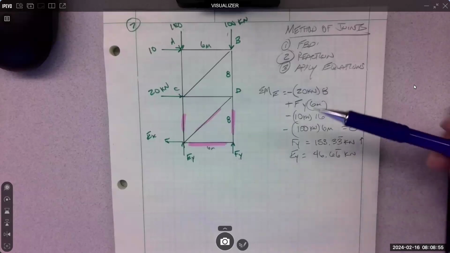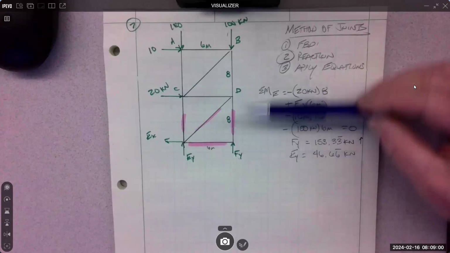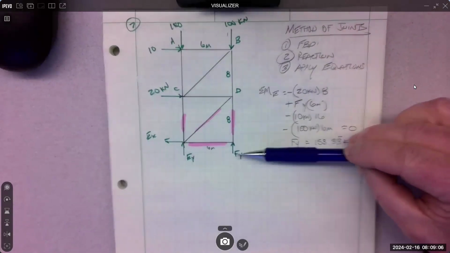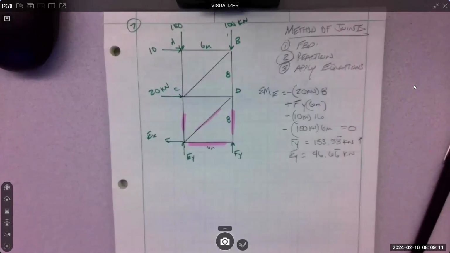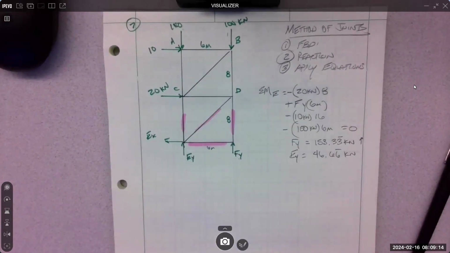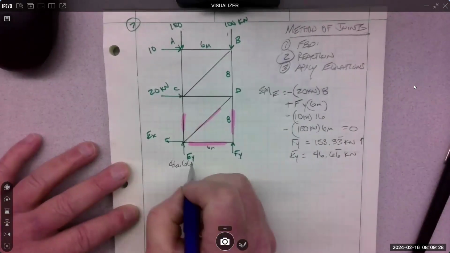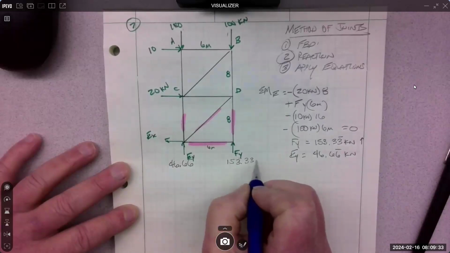If we know Fy, and we know 100's coming down and 100's coming down, we know we got 200 coming down and Fy going up, how big does EY have to be? Because the sum of the forces has to be equal to 0. So it's 200 minus the 153 number. Excellent. So we got 46.66 repeat here, 153.33 repeat here.